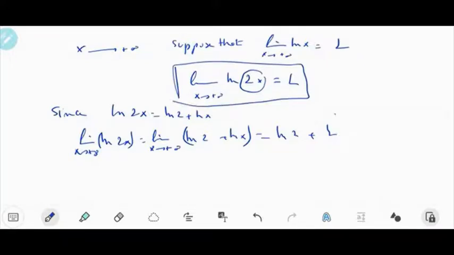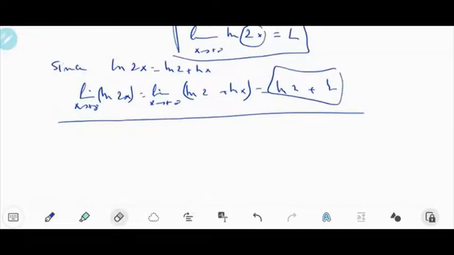The first one is L, and the second one is L plus Ln of 2. But since the limit is unique, this is impossible, so we have a contradiction. Therefore, we cannot have a finite limit for Ln of x when x tends to plus infinity, and that's why, since it's increasing, it will go, of course, to plus infinity.